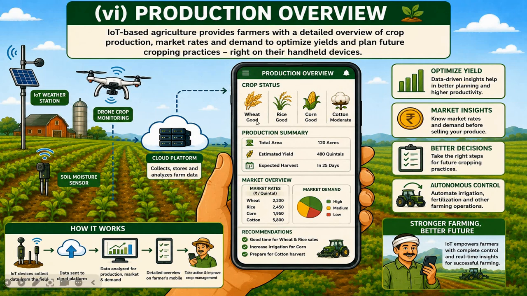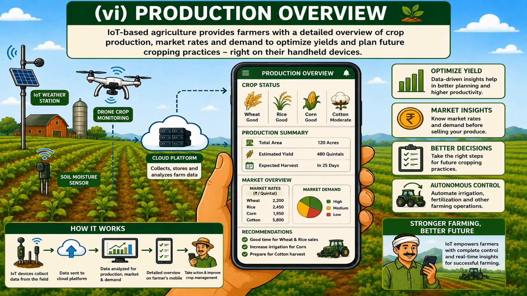And after analyzing, the system provides a detailed production overview on the farmer's smartphone, and the mobile application shows the crop status, then production summary, then you have total farm area, estimated yield, expected harvest date, market rates and market demand.